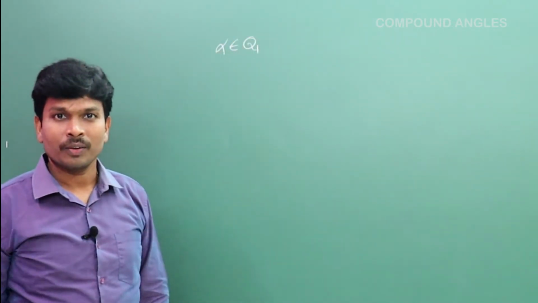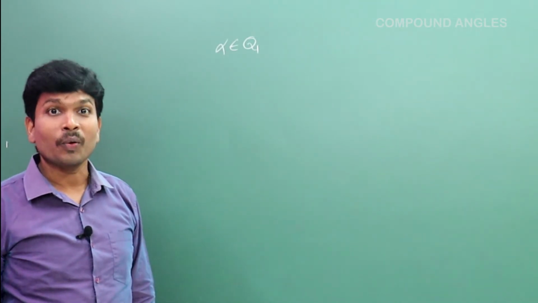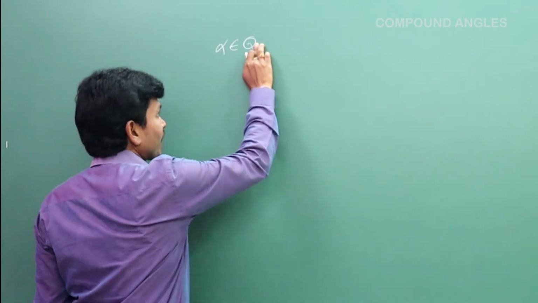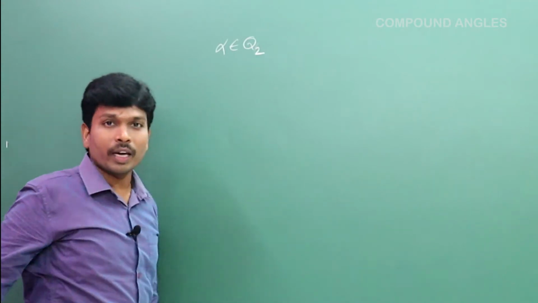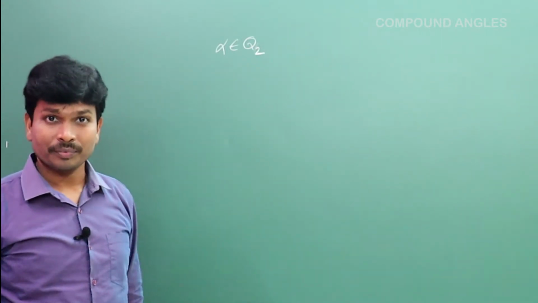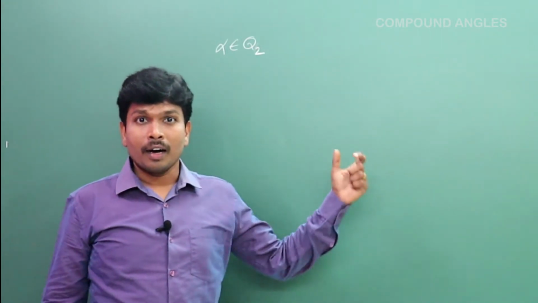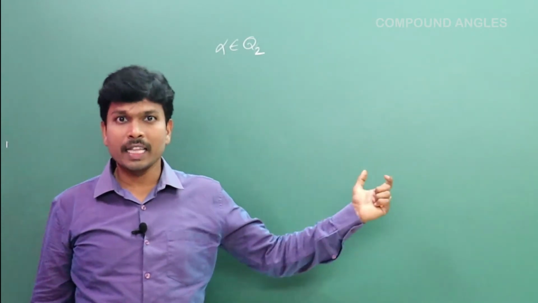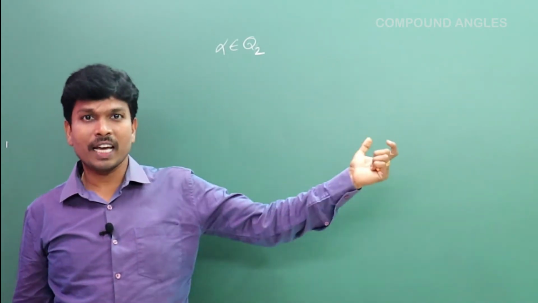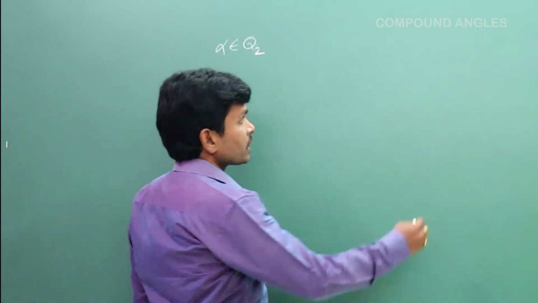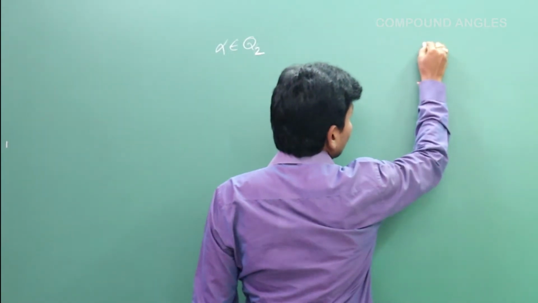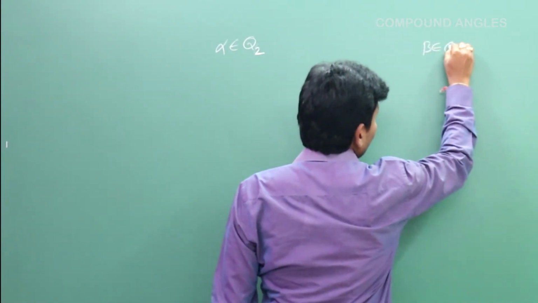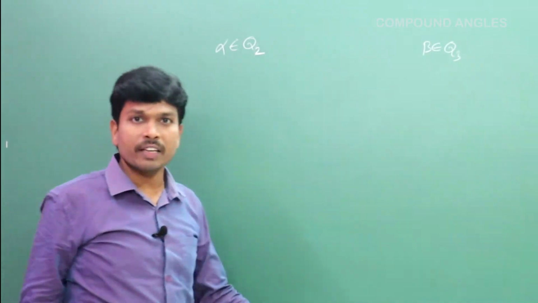Yes or no? Q1? No. Q2, second quadrant. Okay. Next, beta. Pi less than beta less than 3 pi by 2. So that's why beta belongs to Q3.